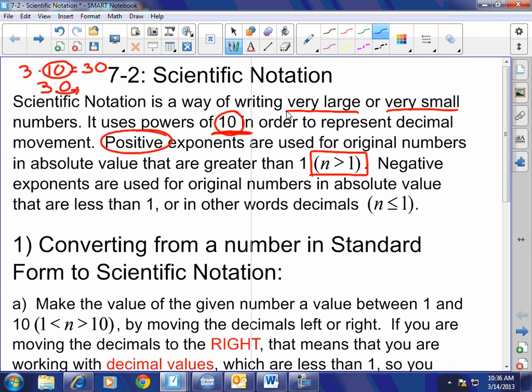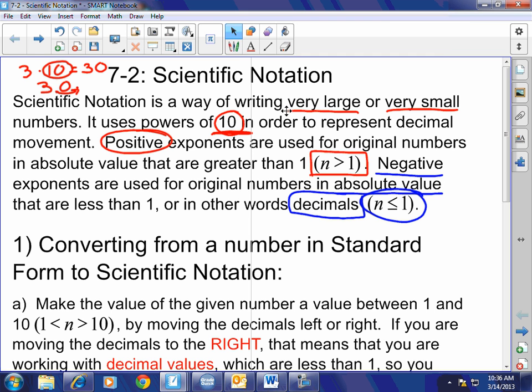If the absolute value of the original number is less than 1, in other words, if it's decimals, then you're going to use negative exponents. So again, if the value of the original number is larger than 1 in absolute value, it doesn't matter if it's positive or negative, you're using positive exponents. If the absolute value of the original number is a decimal that is less than 1, then you're going to use negative exponents, to be exact.